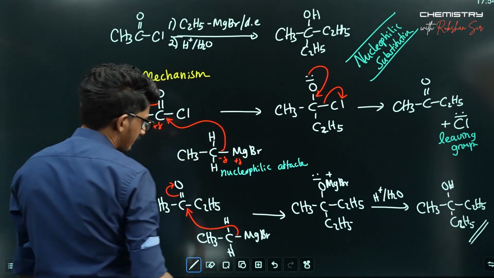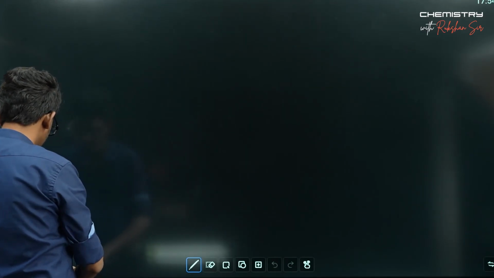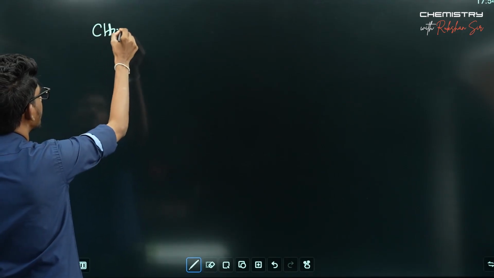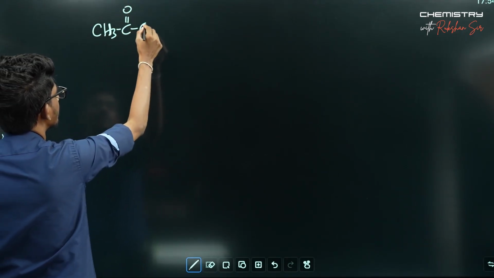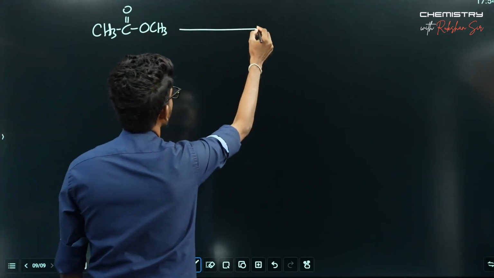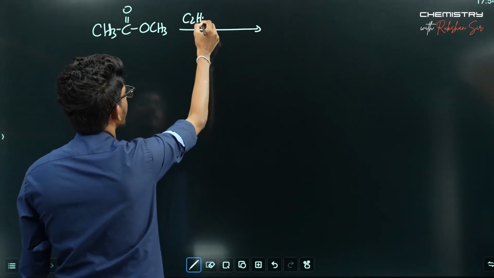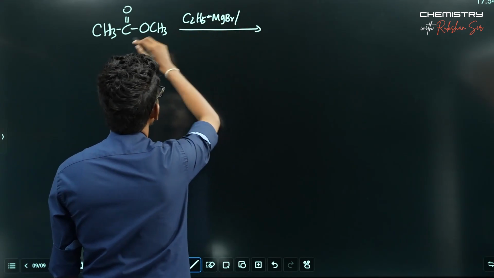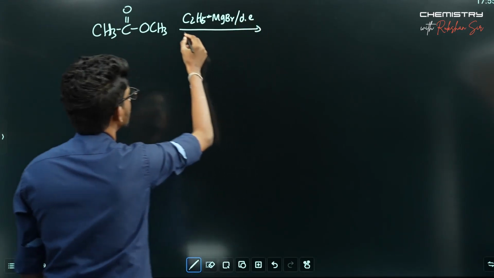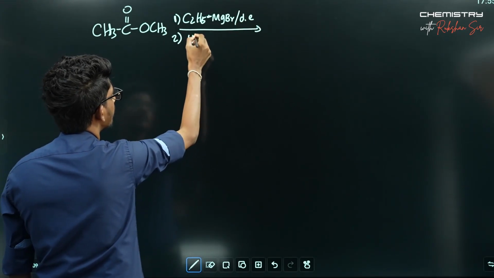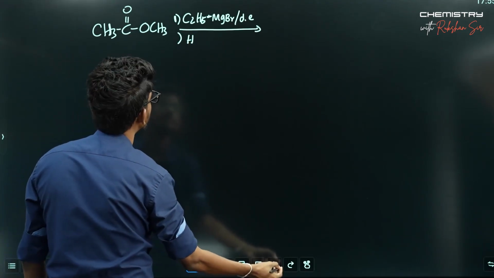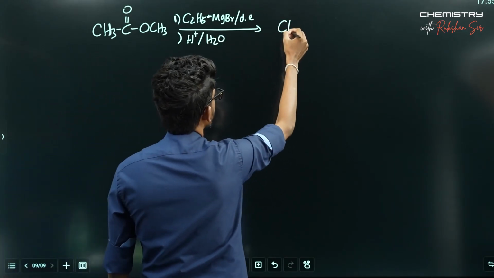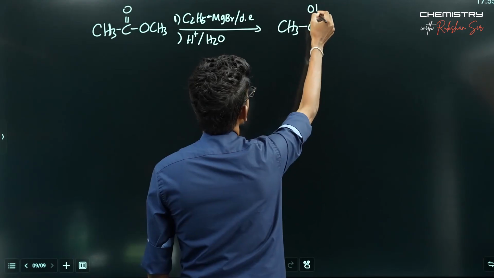Let's do the mechanism for this one quickly. You have this compound and you are adding the Grignard to your ester. You will produce a tertiary alcohol with two R groups coming from the Grignard, right?